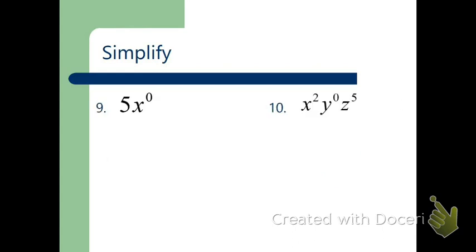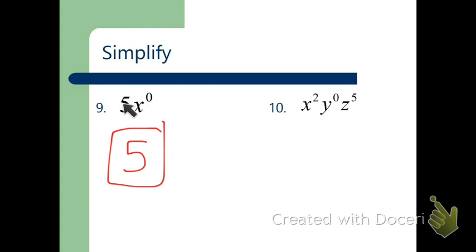So now check this one out. Be careful. That 5 is not raised to the 0. What's raised to the 0? So what's x to the 0? 1. What's 1 times 5? Man, you guys are getting smart. Lexi, what's x raised to the 0? 1.